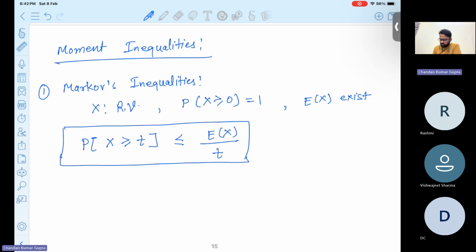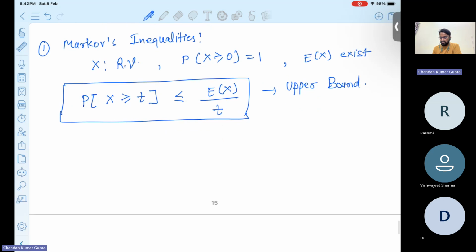The probability either reaches this value or it may be less than this. So this is Markov's inequality.